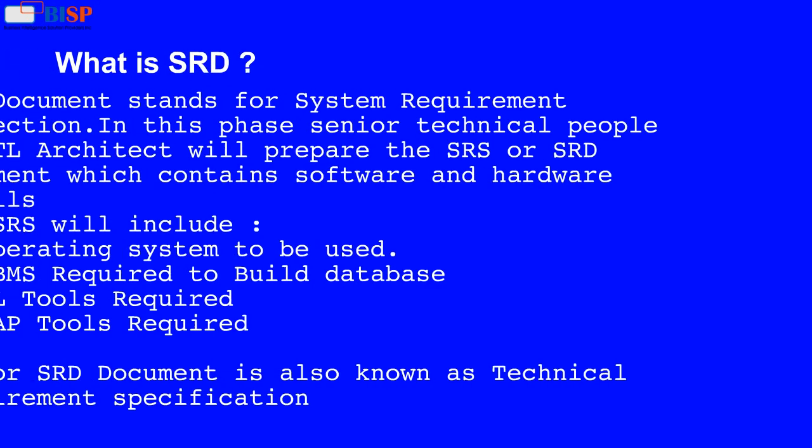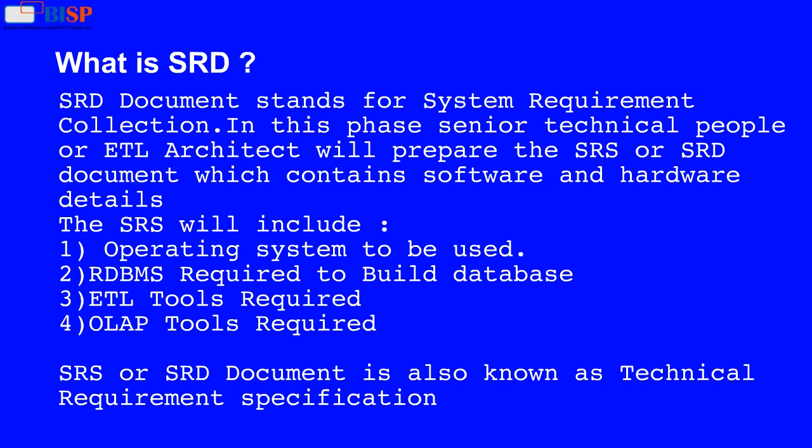What is SRD? SRD stands for System Requirement Collection. In this phase, senior technical people or the ETL architect will prepare the SRS or SRD document, which contains software and hardware details. The SRS will include: 1.